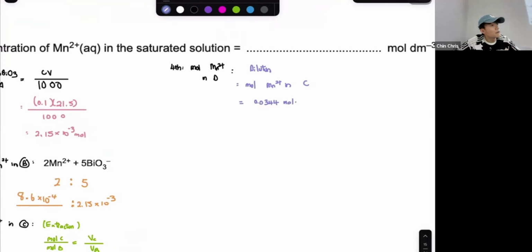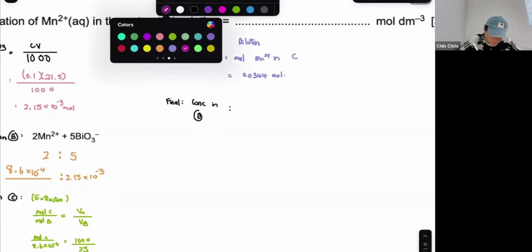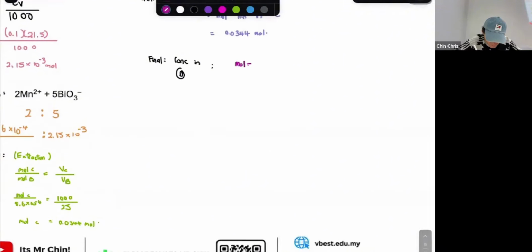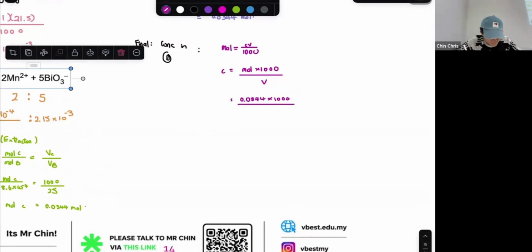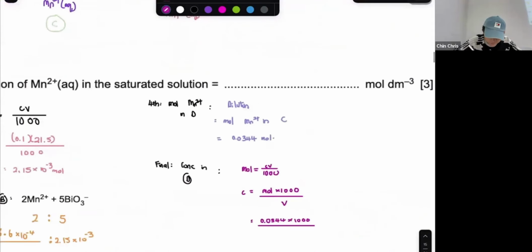Is that right? Okay, guys, finally, can you get me the concentration? Concentration is mole times 1,000 divided by volume. What's the volume, guys? 100, right?